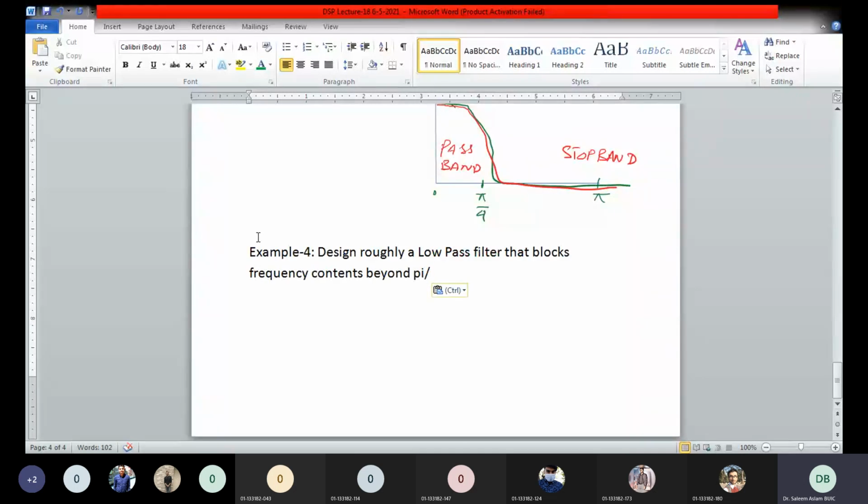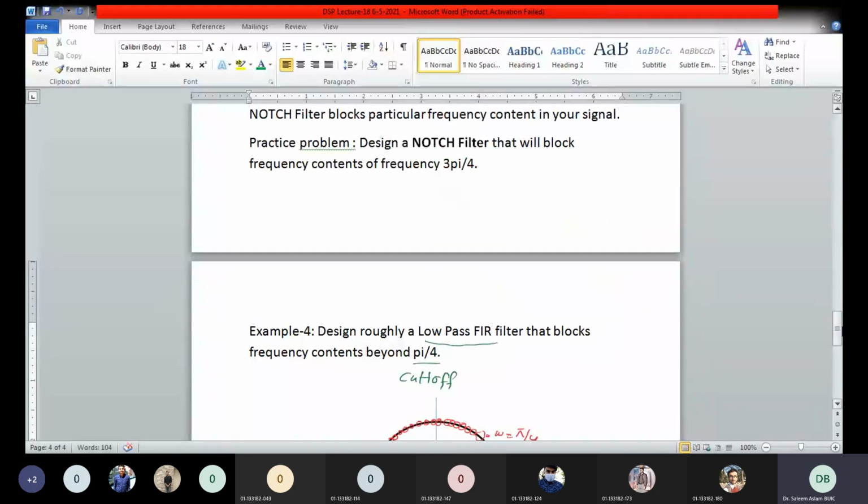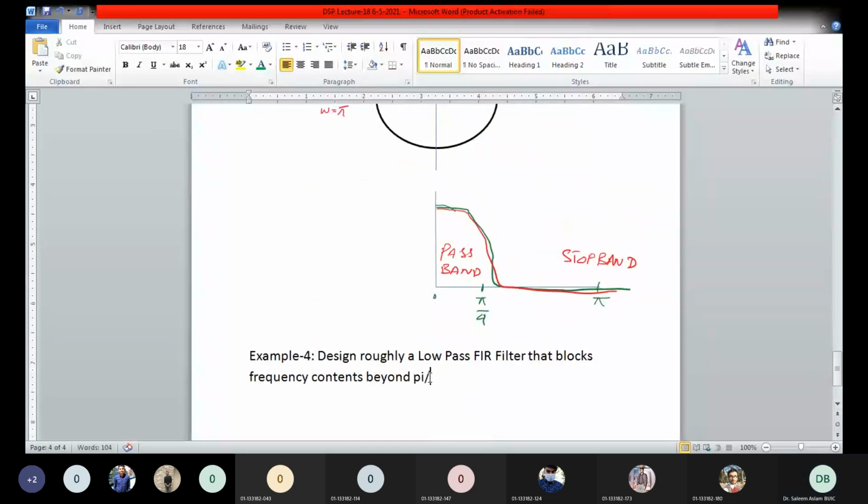So design roughly a low pass FIR filter. I think it is more appropriate to add FIR filter here, because in an FIR filter we have only zeros and no poles in the system. So this is only valid for an FIR system.